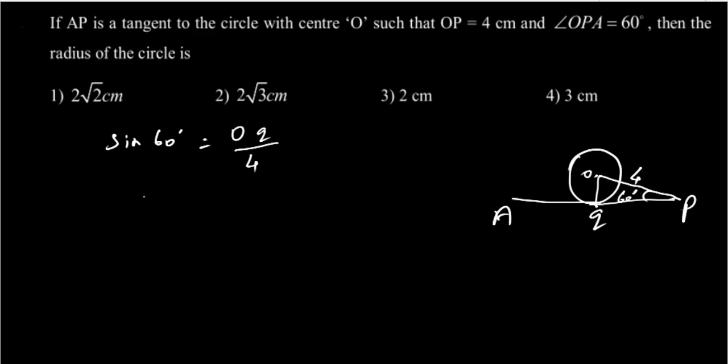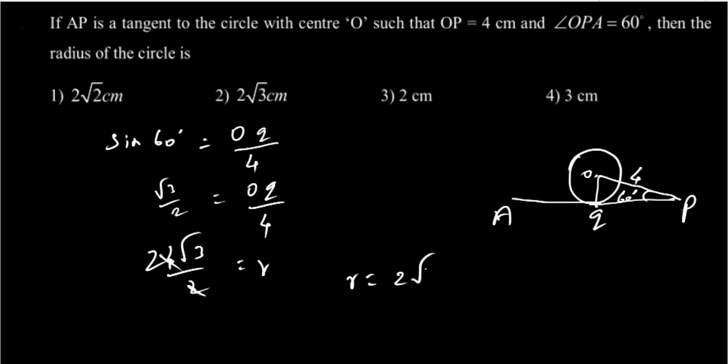Sine 60 is root 3 by 2. So root 3 by 2 equal to OQ by 4, where OQ is nothing but the radius we need to find out. So if we bring this 4 here, 4 root 3 by 2 is the radius R. This 4 and 2 will get cancelled. We will get 2 root 3. So radius of the circle will be 2 root 3.